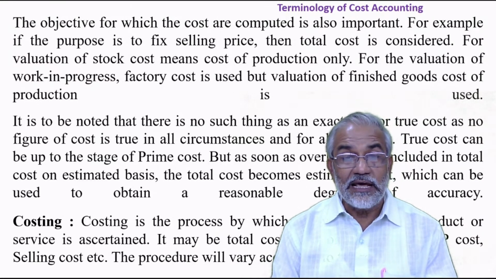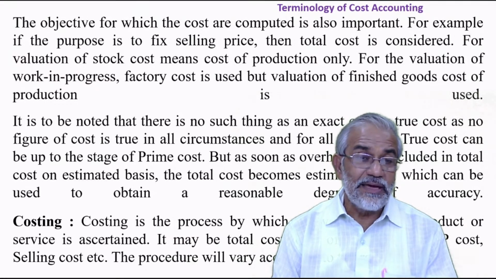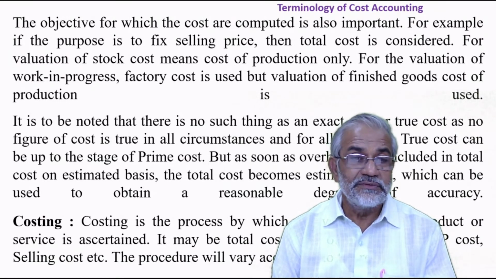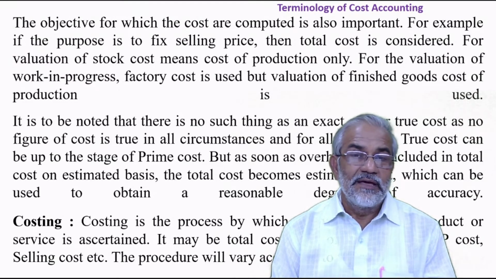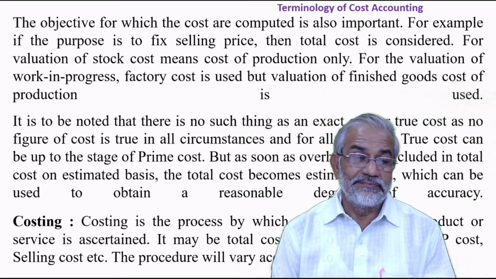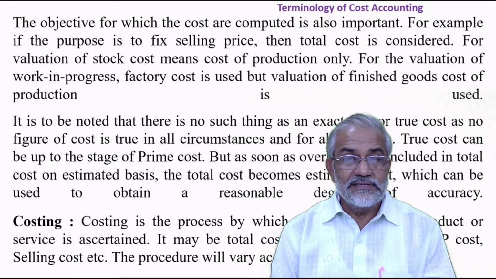Take the example of a carpenter who is manufacturing a table. When a table is manufactured, the wood is being converted into a table, and it is the duty of the carpenter to do that. Suppose one carpenter takes 1 day for bringing a table into its final shape, and his wages are 600 rupees per day.